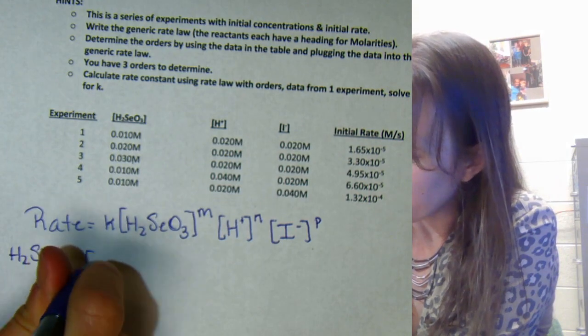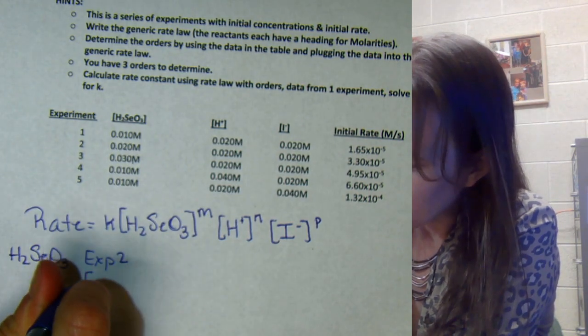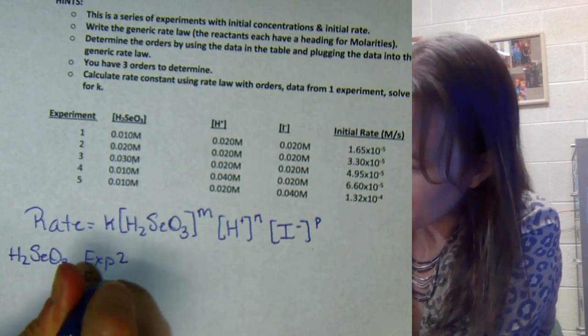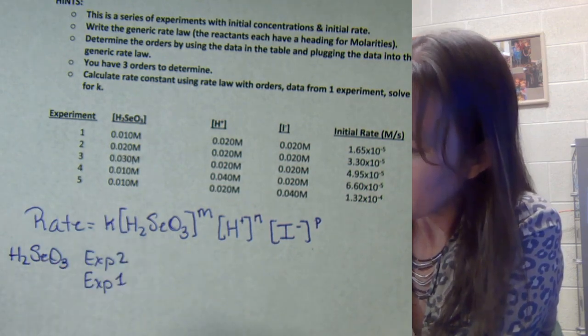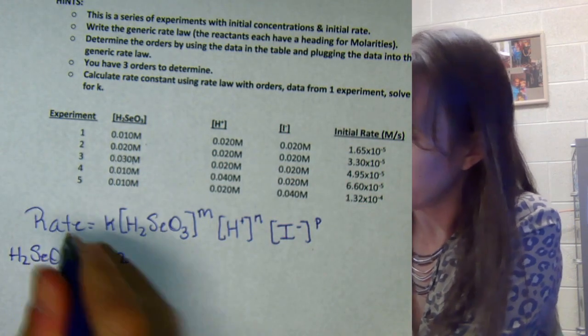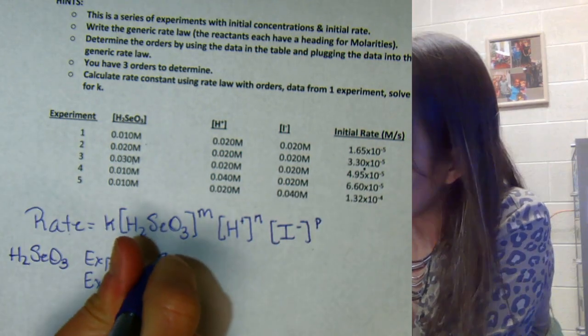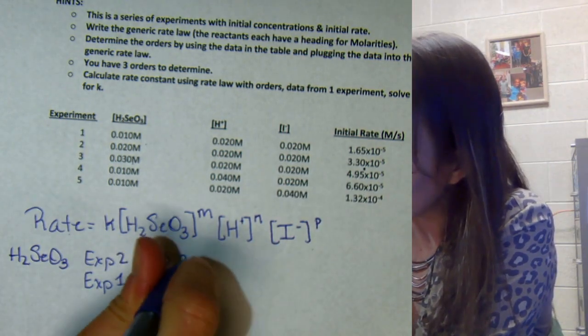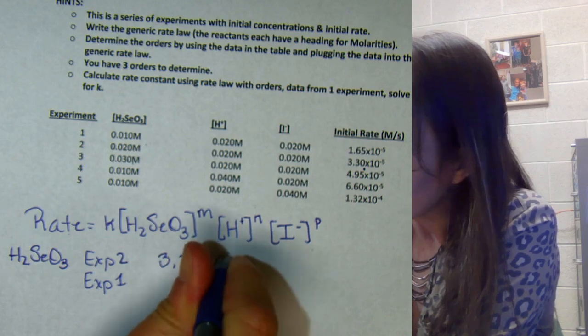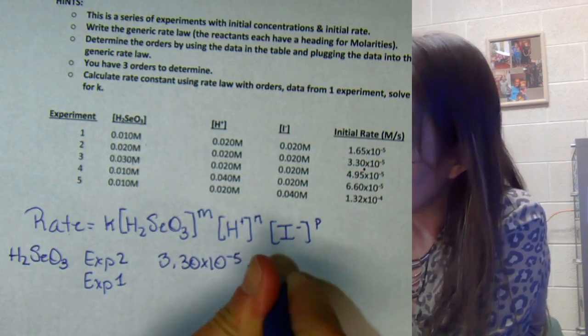So I'm going to do the data for experiment 2 on top over experiment 1 data. You just plug the data into the rate law. And so the rate law is rate. And experiment 2 rate is 3.30 times 10 to the negative 5. And then you do the other side.